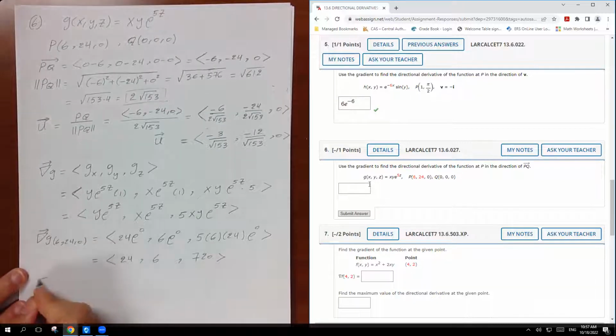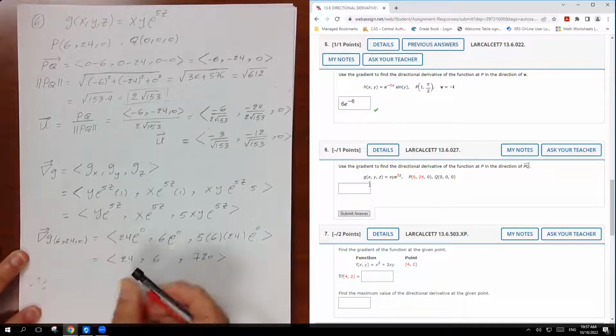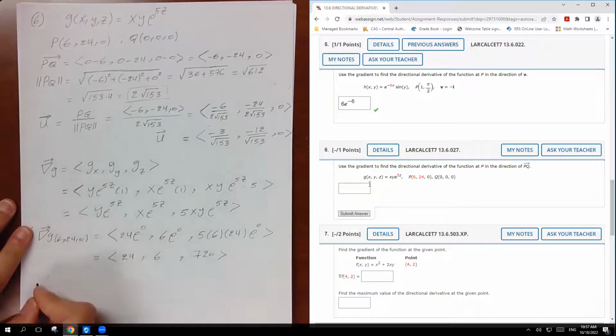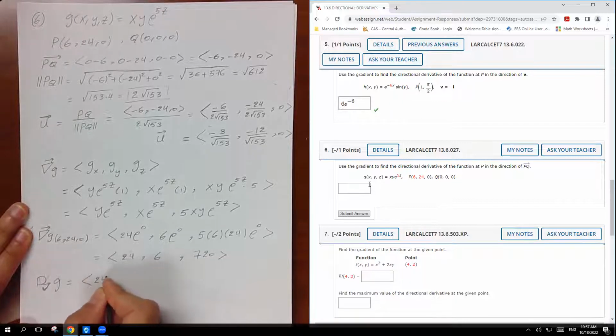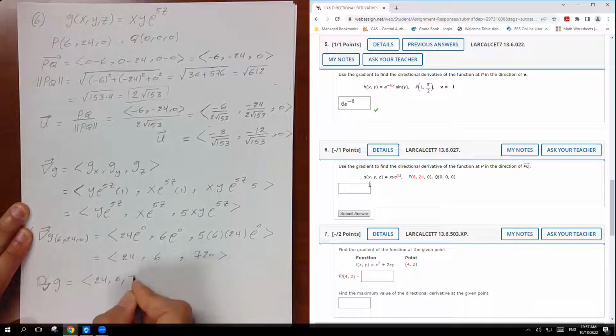Now the last step, the directional derivative of g is going to be the gradient, which is 24, 6, 720.